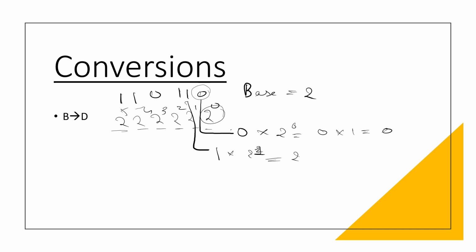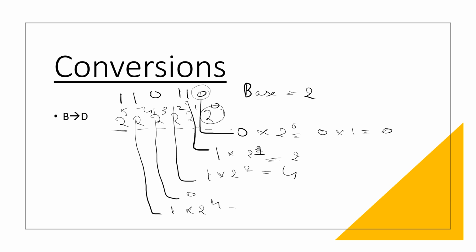This will become 2. And then we have 1 into 2 to the power 2, which is nothing but 4. Then this will become 0, and 1 into 2 to the power 4, which is nothing but 16. And then lastly we have 1 into 2 to the power 5, which is nothing but 32.